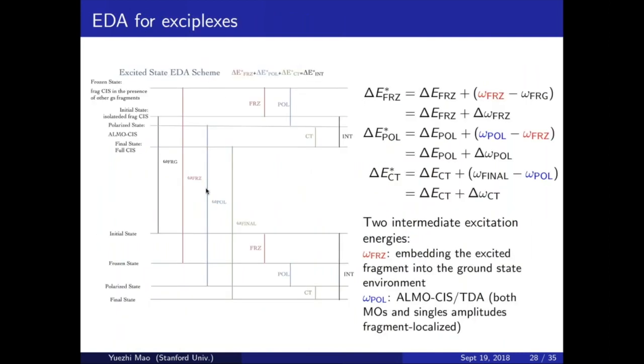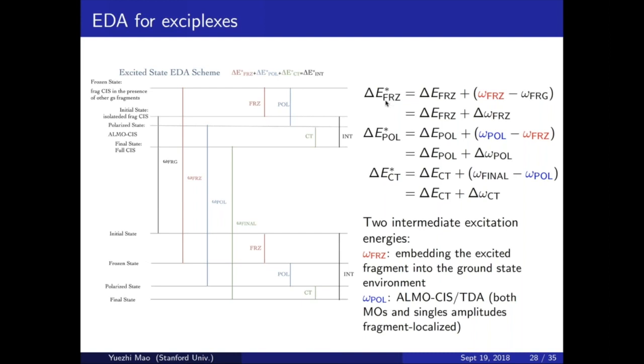And here is a diagram to show how this excited state EDA works. It looks quite complicated. The bottom part shows the intermediate states that are involved for the ground state, and the top part are the excited states, and they are connected by those excitation energies.